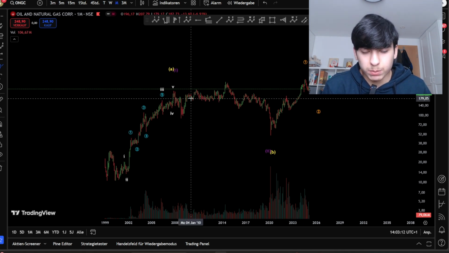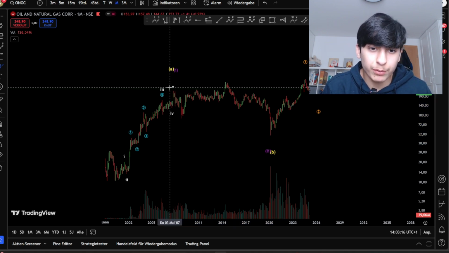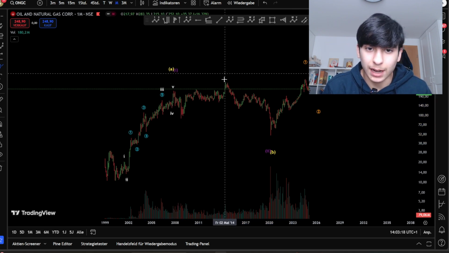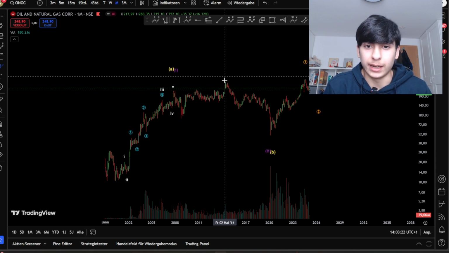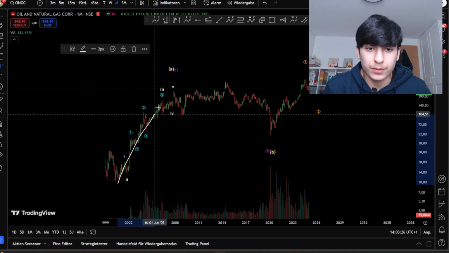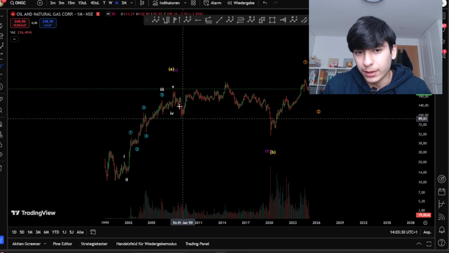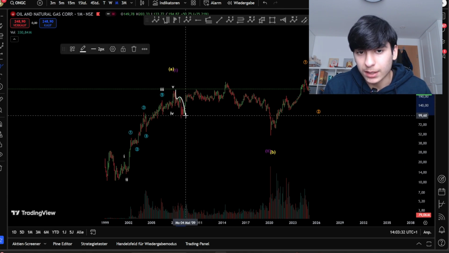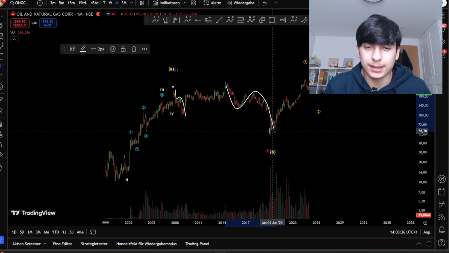Now, a bit problematic is this structure. I would preferably end an impulse up here. The problem is it is simply hard to count an impulse ending at this high. It's much easier to count an impulse finishing here, and this is corrective. But now what we have is a 3-wave move to the downside and a 3-wave move to the downside at this side.